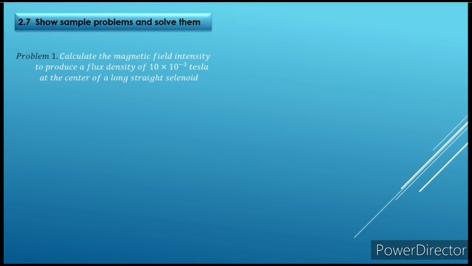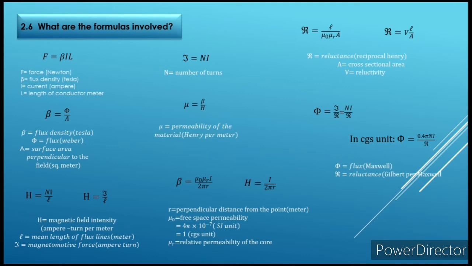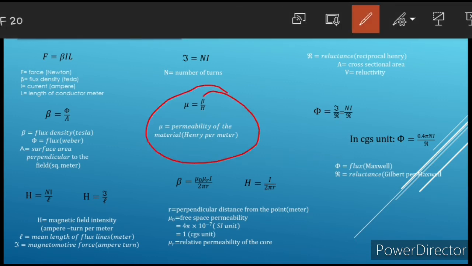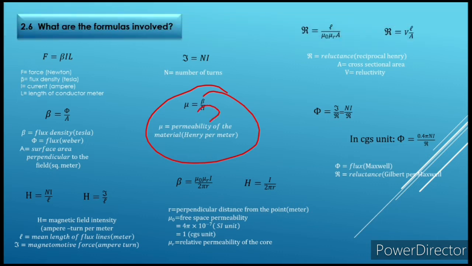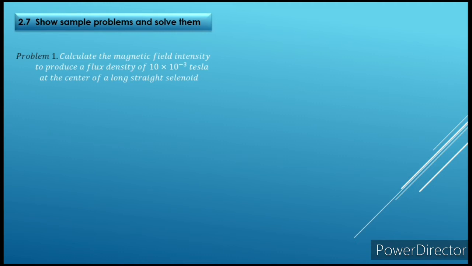So for this problem, we will be using this formula since we have the given flux density, which is in Tesla, and we are looking for the magnetic field intensity. So our formula is like this. Permeability is equal to flux density over the magnetic field intensity.